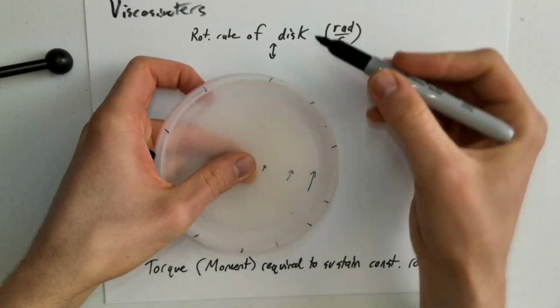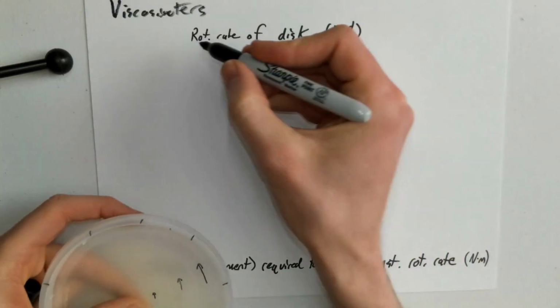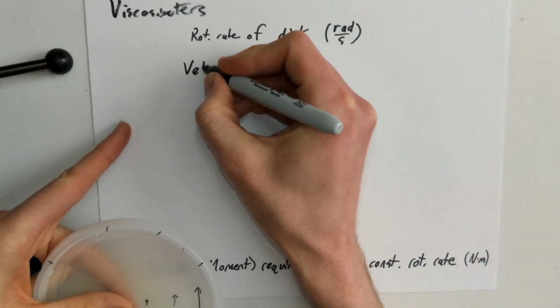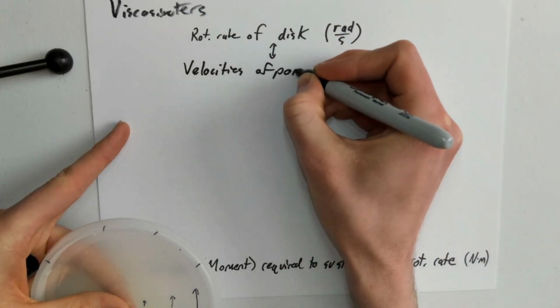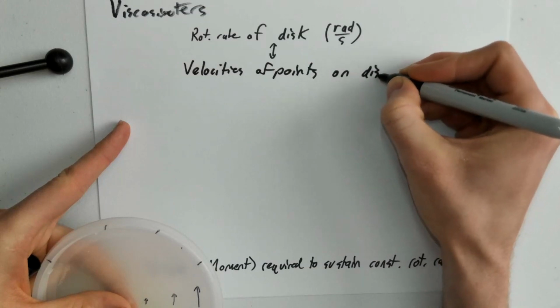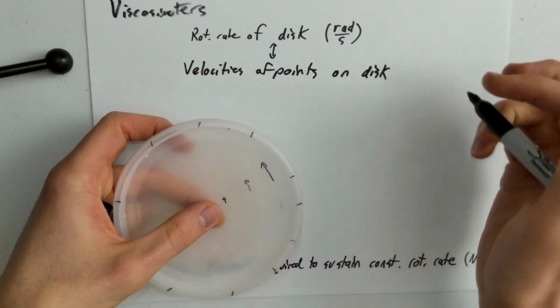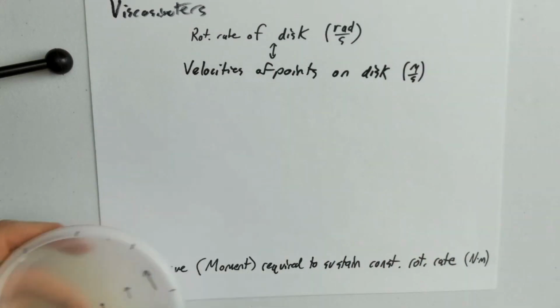All of these velocities are going to scale with the rotation rate of the disk. So we're going to need some relationship between the rotation rate of the disk and velocities of points on the disk. In particular, I'm talking about the linear velocity of those points on the disk, so that's going to be meters per second.